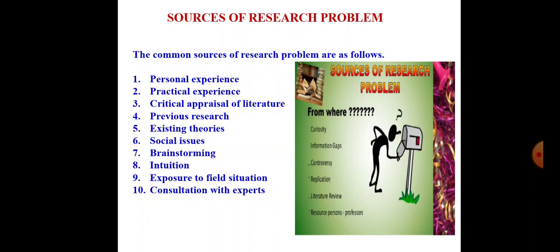The social issues: a problem can be created to solve current social issues like drug abuse, then drugs for COVID-19 and so on. Then intuitions: it may happen anytime, in any view, and it is created from his own soul.